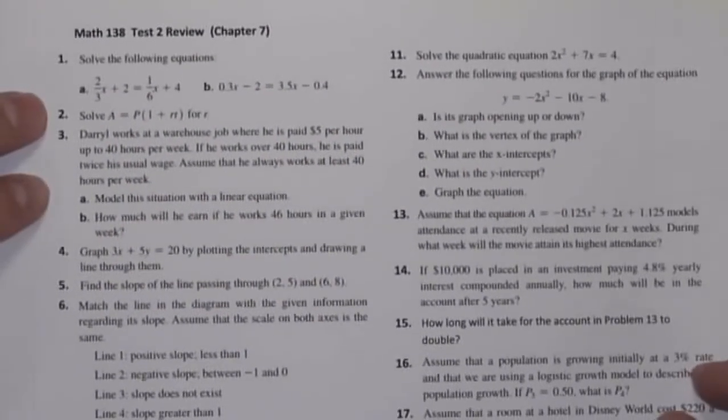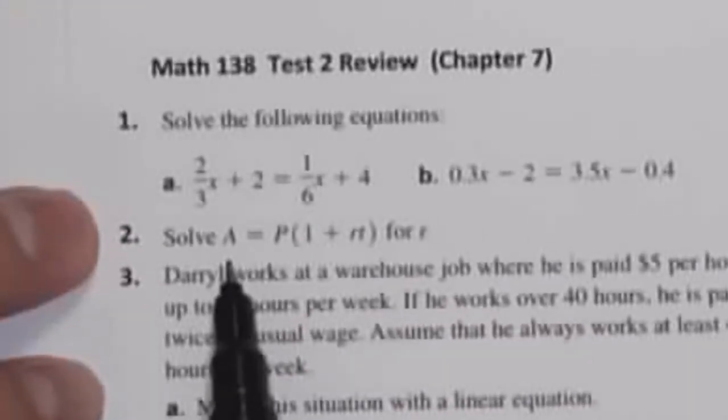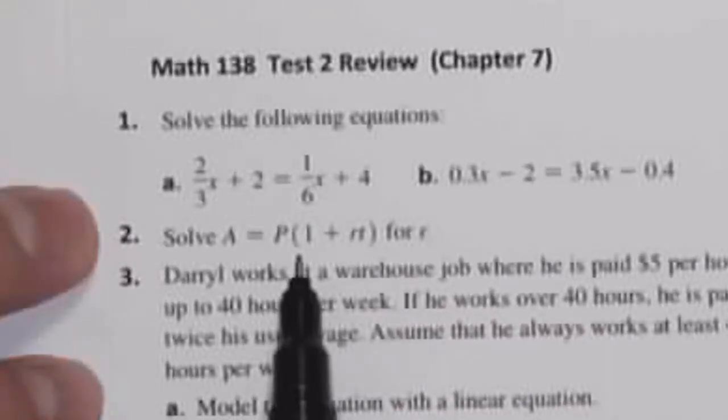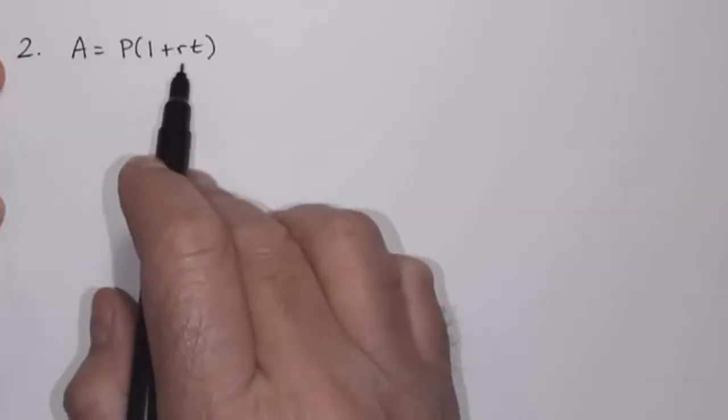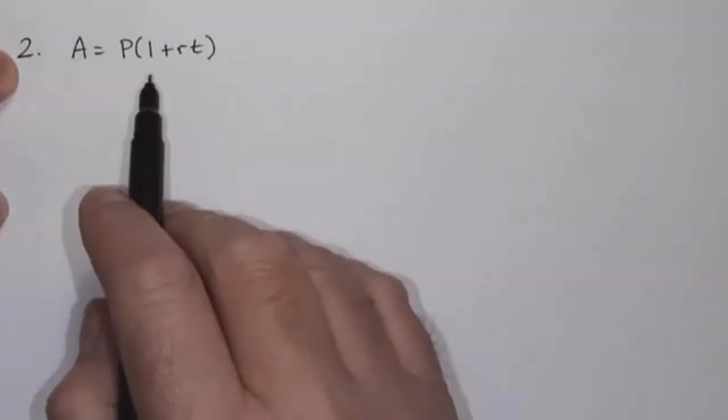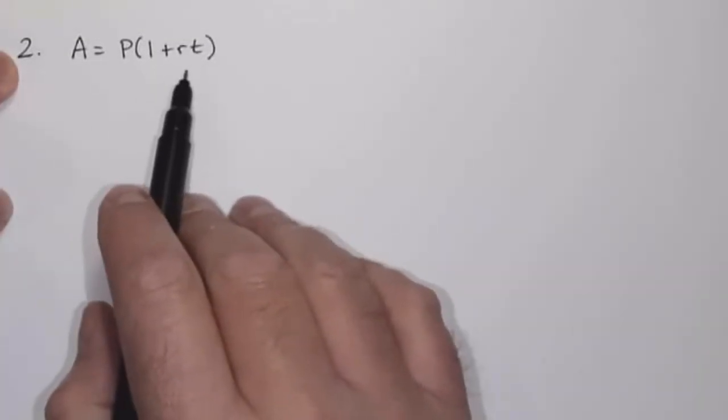In our second question, we want to solve A equals P times the quantity 1 plus RT for the variable r. Again, we'll do that on a separate sheet. So I've written our equation. We want to solve for r, which means I need to get r by itself on one side of the equal sign.